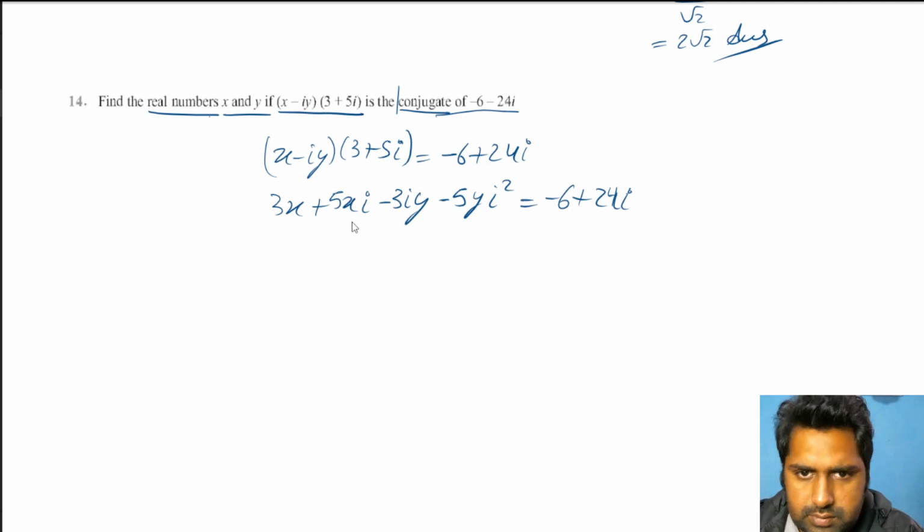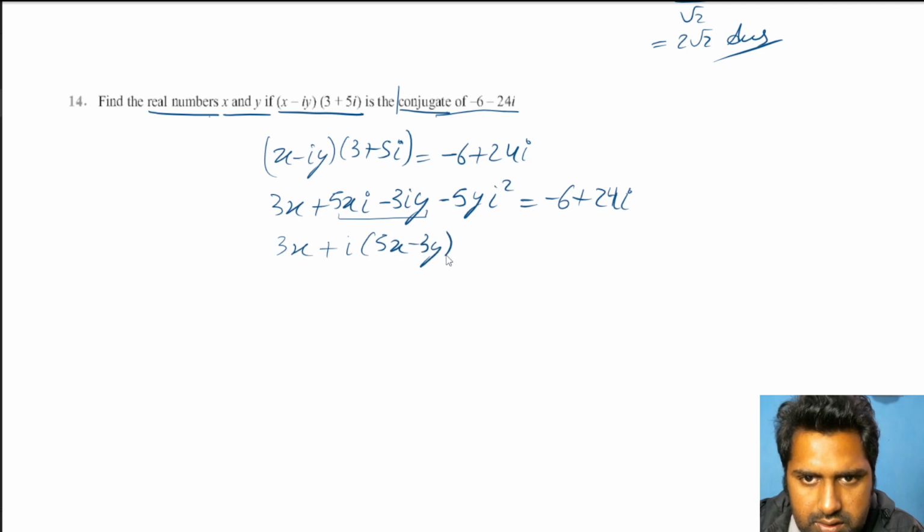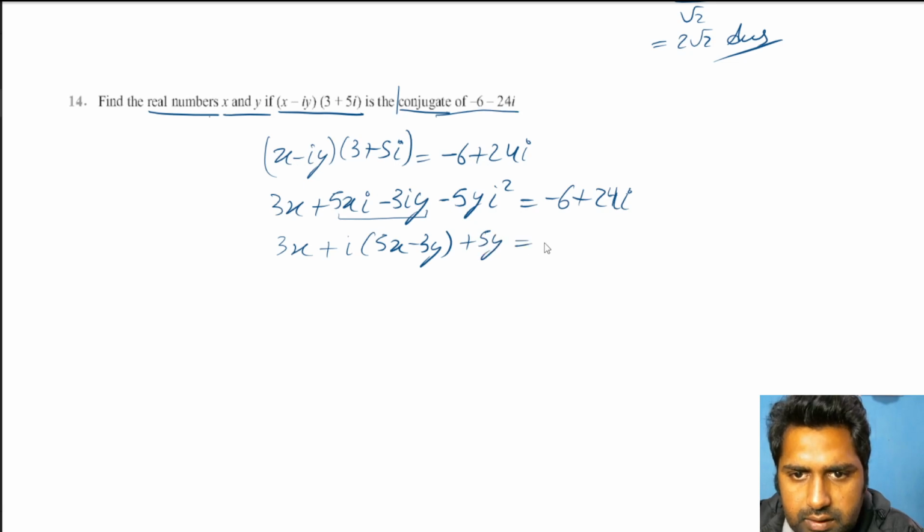Let's solve this. 3x as it is, we cannot do anything about this, let it be. So iota into 5x minus 3y, this is plus 5y, equal to minus 6 plus 24 iota.